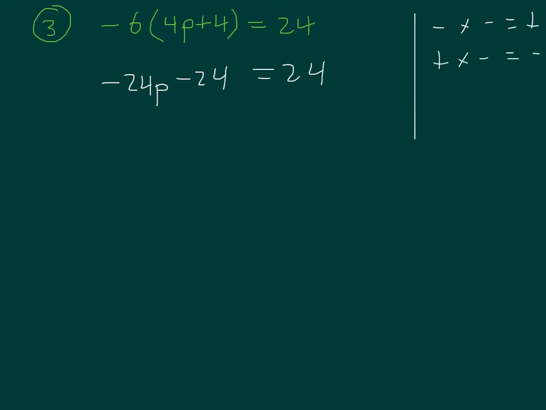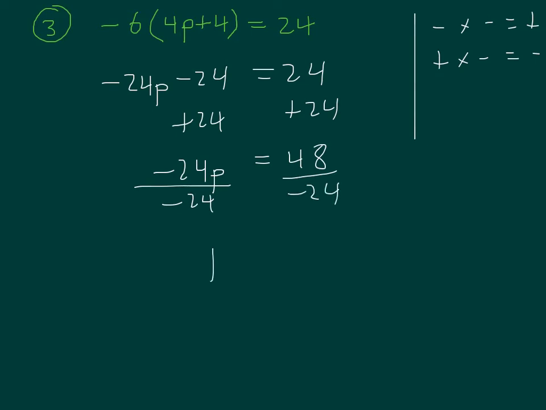So in this case, we've got minus 6 times plus 4, so it's minus 24. Let's get on with it. We add 24 to both sides, so we get minus 24p equals 48. Divide by minus 24, so p equals minus 2.